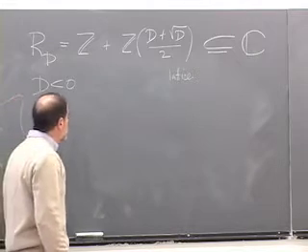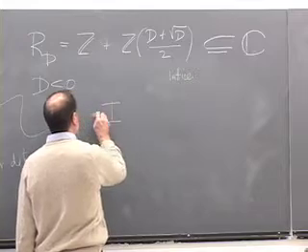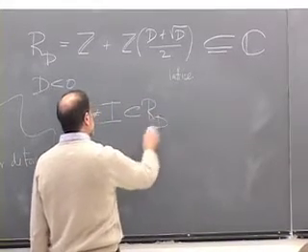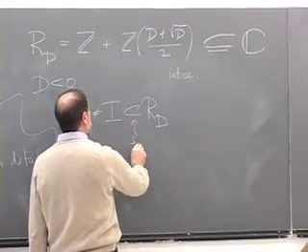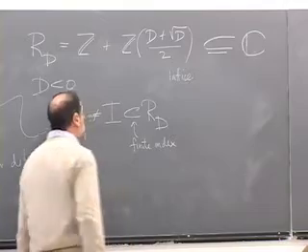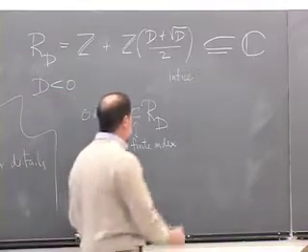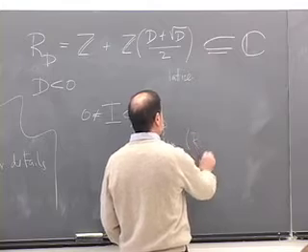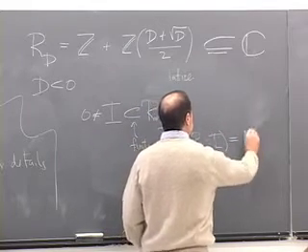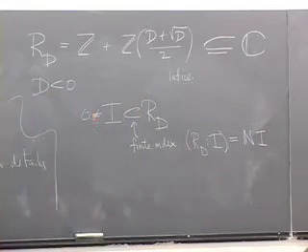So the first thing we observed was that if you had an ideal which was not equal to 0 in this ring, it had finite index, and I'm going to need a name for that index pretty soon. So you could call that index R_D modulo I, but I'm going to call it the norm of I. I'll say why in a second.